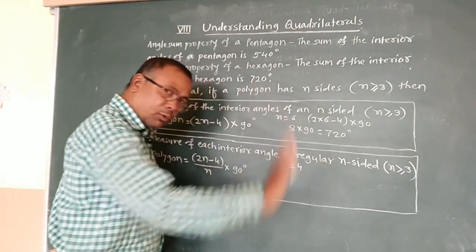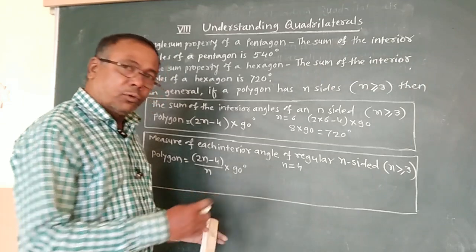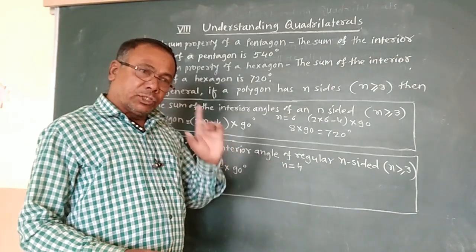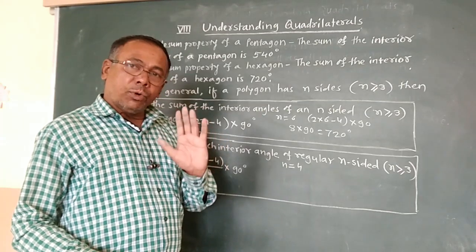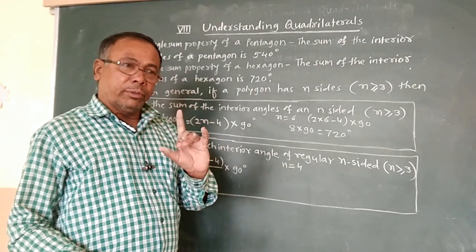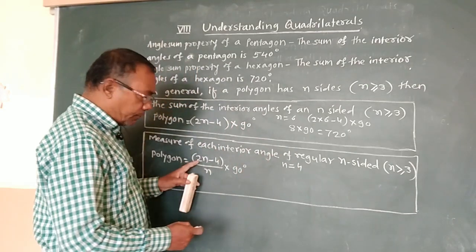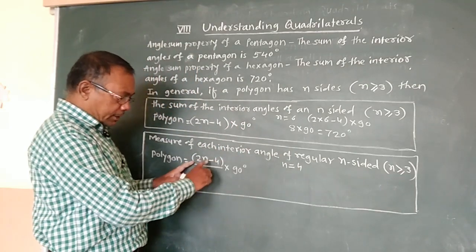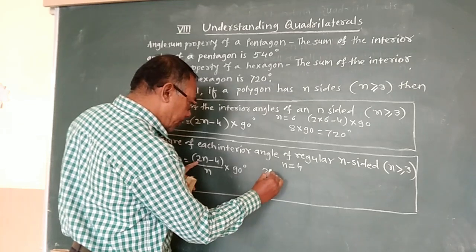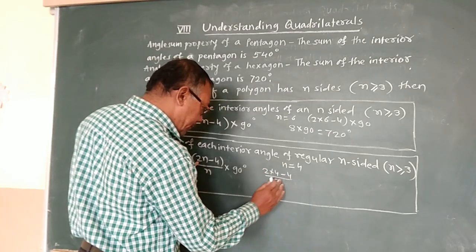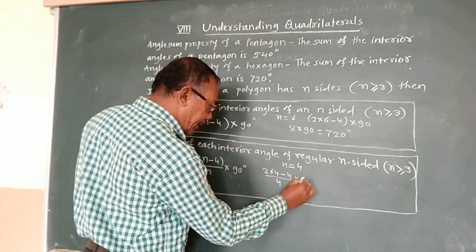Okay, n is equal to 4, which means it is a quadrilateral, and we know that the square is the only regular quadrilateral. Here n is equal to 4, and if we substitute the value of n in this formula, we get (2 into 4 minus 4) divided by 4 into 90.